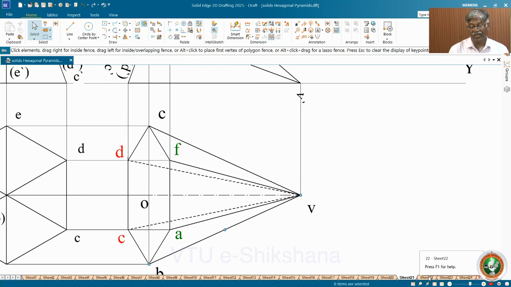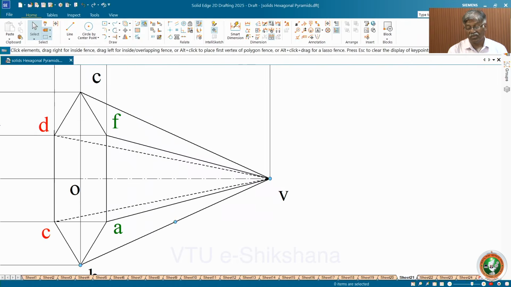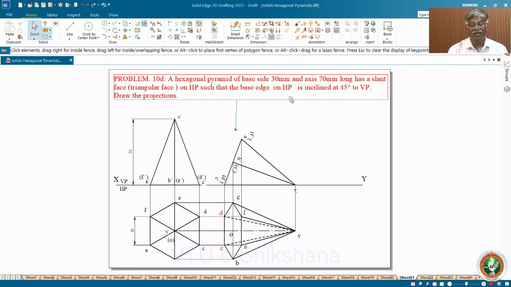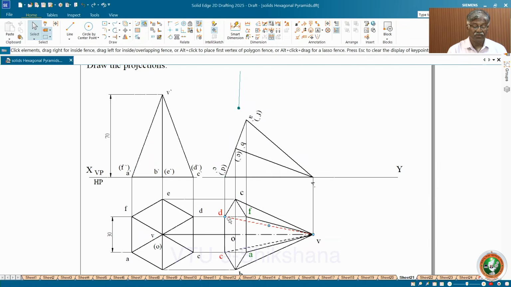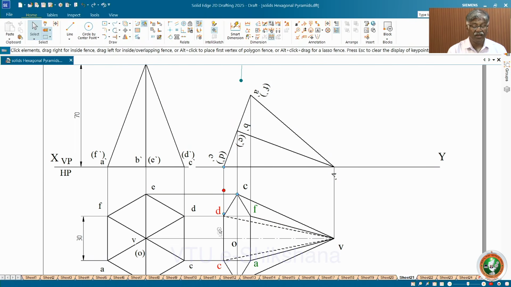So finally, you have to see that the base edge on HP is inclined at 45 degrees to VP. All this time we had the axis inclined at some degree to VP. Now which is the base edge on HP? So here the triangle CDV is on HP.